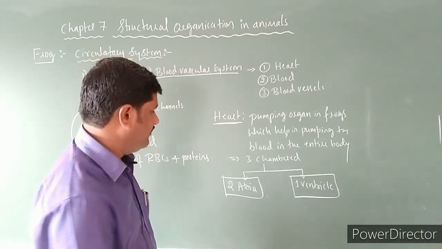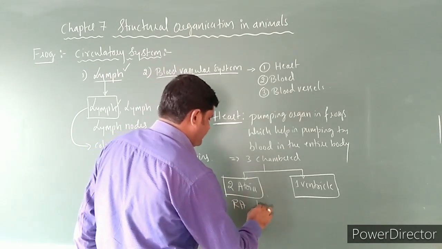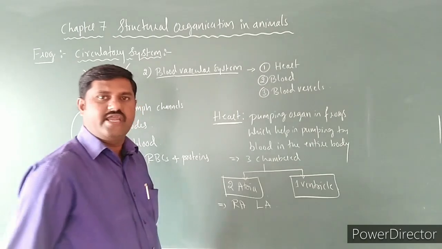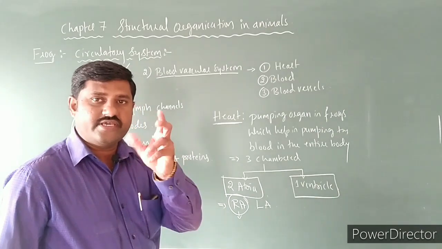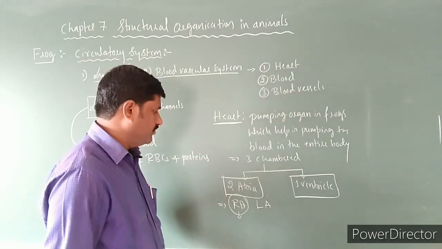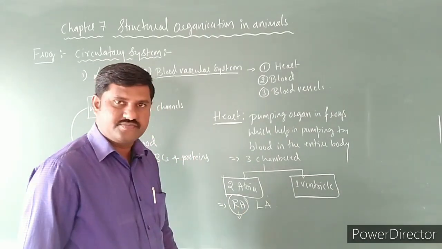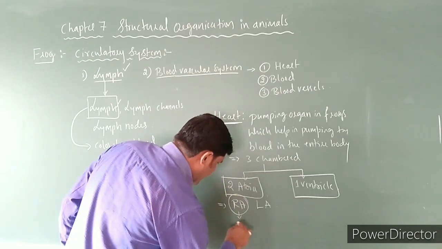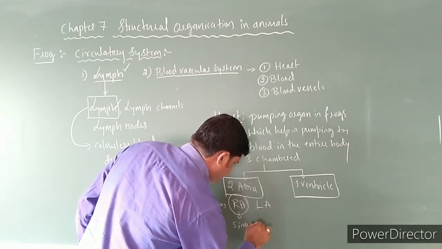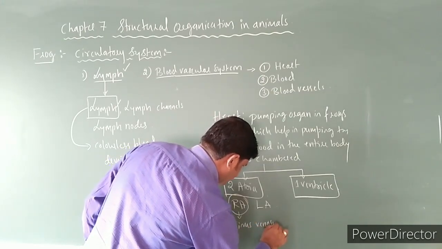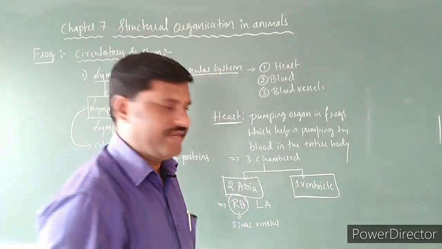And apart from this, a very important point to be noted. The right atrium as well as the left atrium are the two atria that we come across over here. To this right atrium, there is a conical shaped structure attached, one more chamber, that is the sinus venosus.